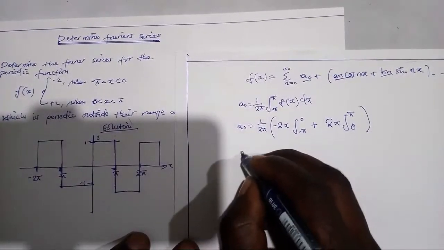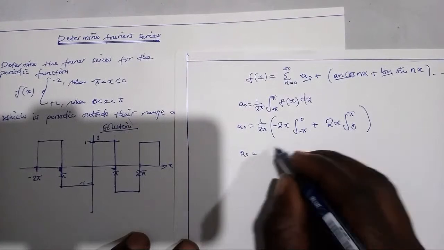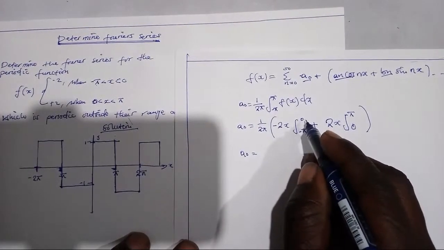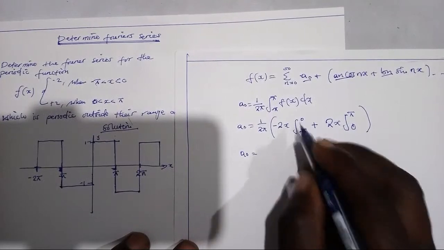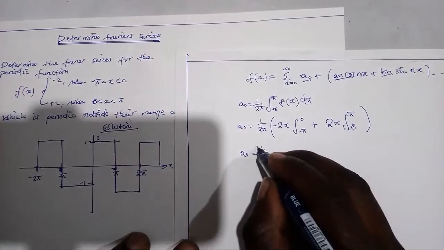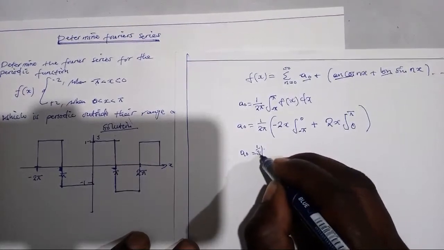Then a sub 0 will be equal to, let's now substitute the values of x.